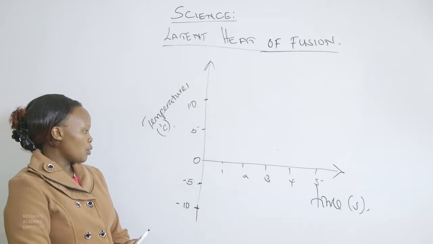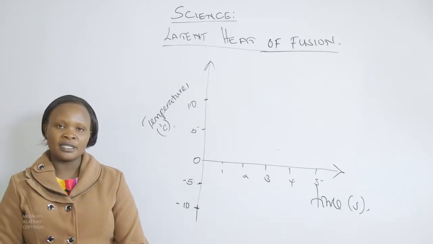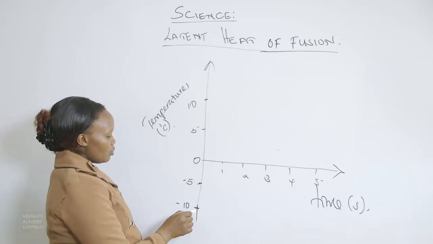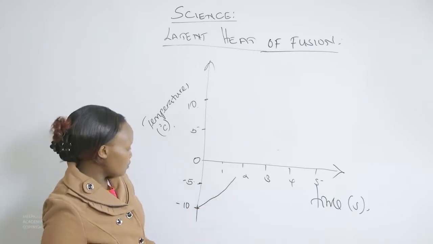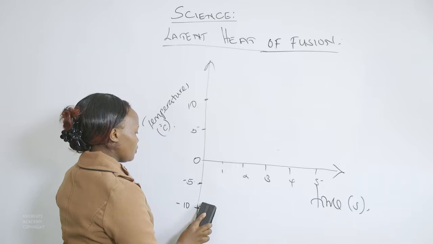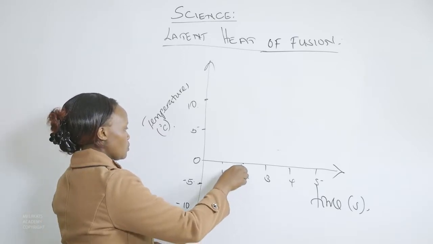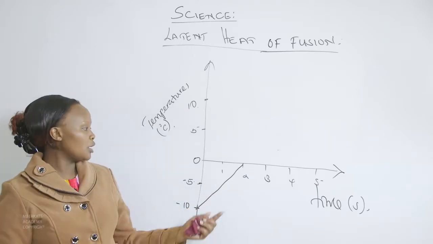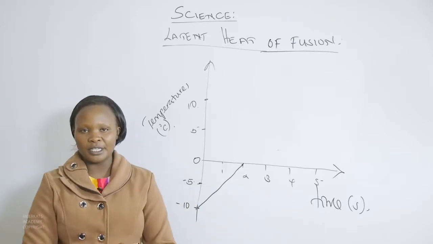Now, we say that when we heat ice, its temperature is going to increase up to the melting point.